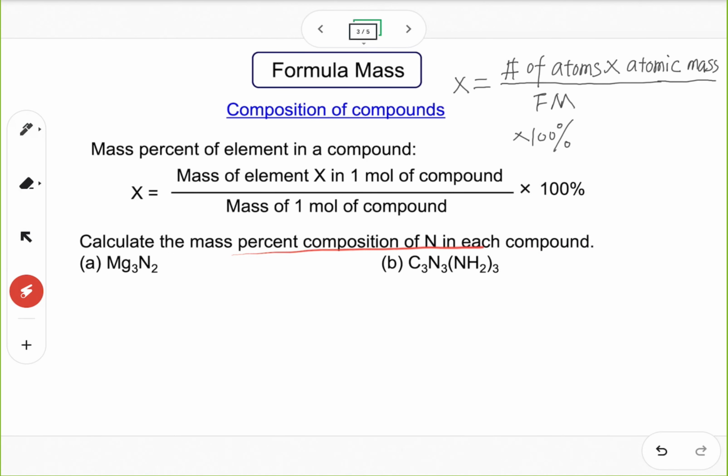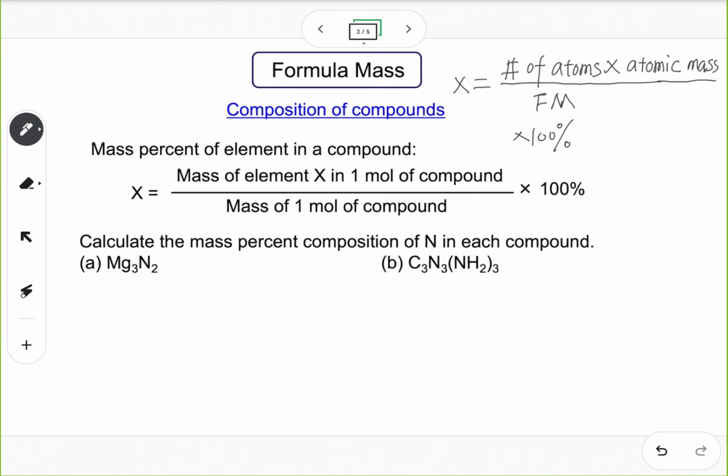Calculate the mass percent of nitrogen in each compound. Magnesium nitride. You have 2 nitrogen in this formula. If we want to find the mass percent of nitrogen, let's see how we use this equation.